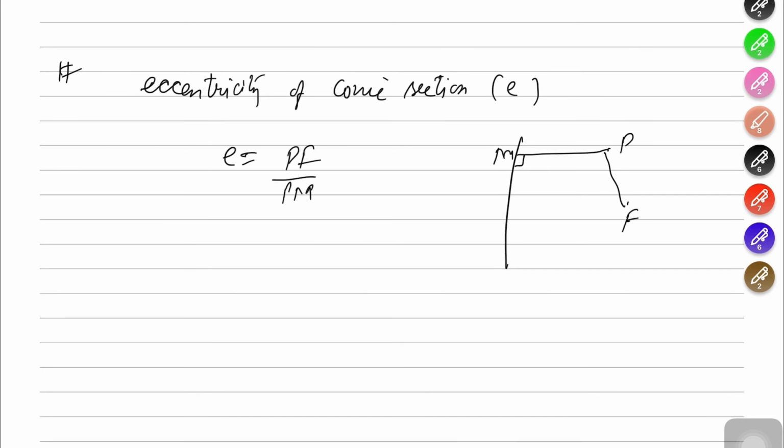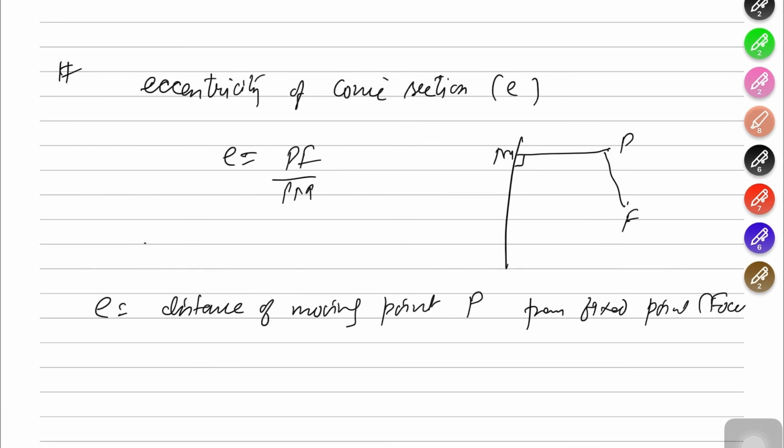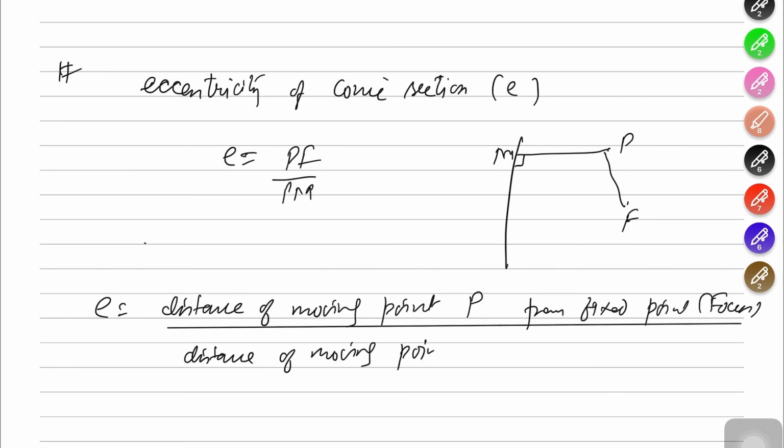So E is the distance of a moving point P from the fixed point, that means the focus, upon the distance of the moving point P from the fixed line, that is the directrix.